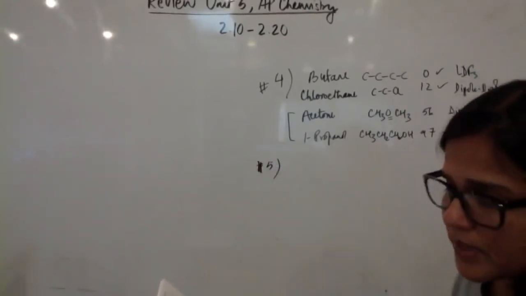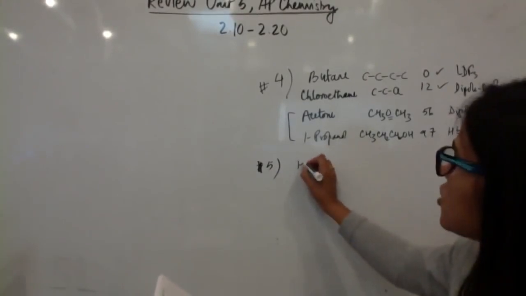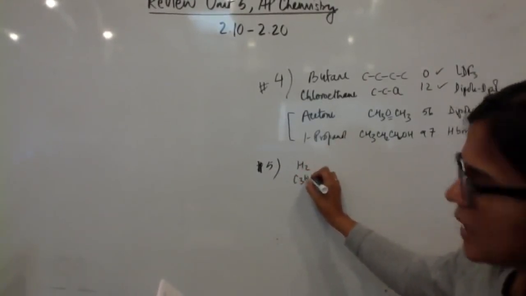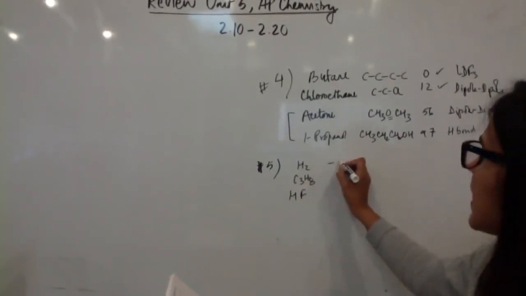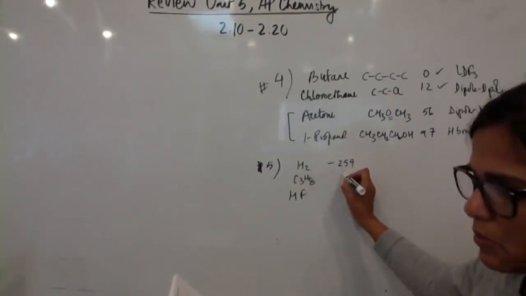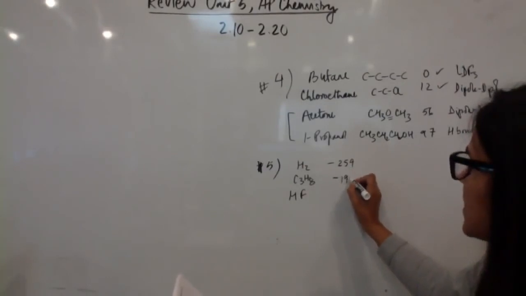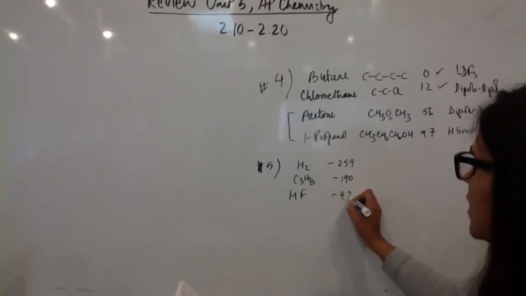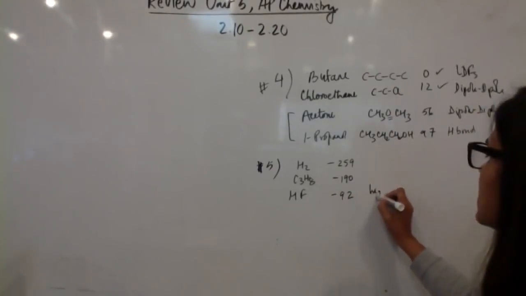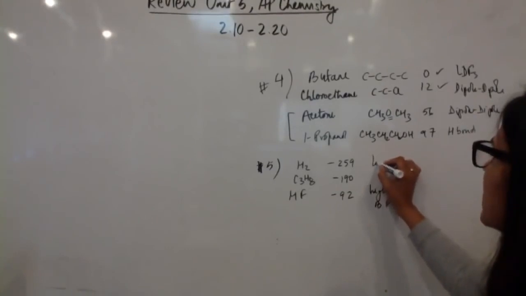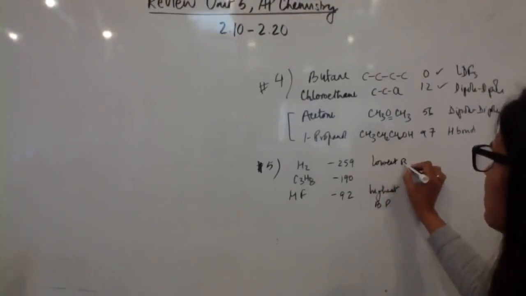Number 5 says you have H2, C3H8, and HF. And this is negative 259, those are the boiling points, negative 190 for C3H8, and HF is negative 92. Remember, negative 92 is the highest boiling point, and this one is the lowest boiling point.